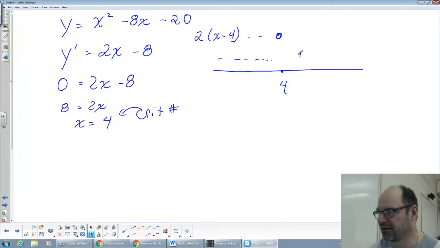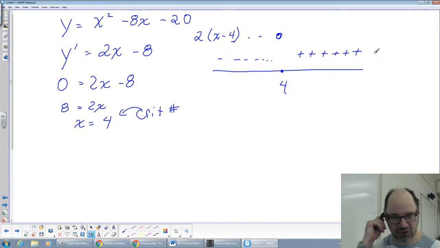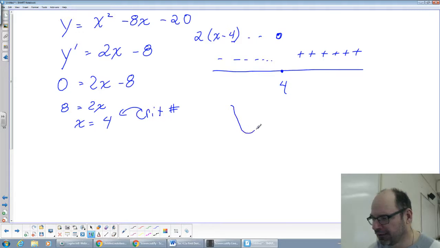Above that, it's positive. That's all we can do because there's only one factor. So it's going negative, flat, positive. We have a local min at x equals 4.